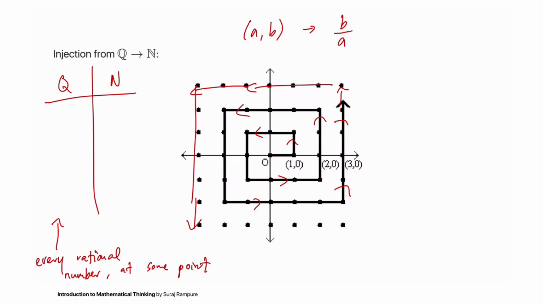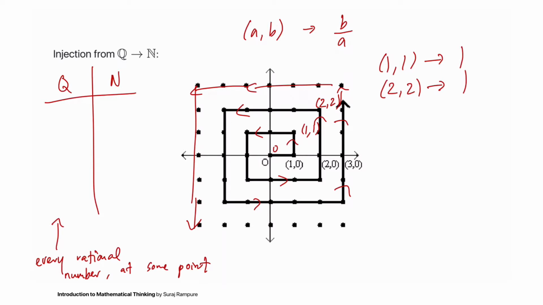Now, what we need to do is account for the fact that rational numbers will appear multiple times in this sort of snake pattern, right? The point 1 comma 1 maps to the number 1, but so does the point 2 comma 2, right? In fact, any point on the line y is equal to x will map to the number 1, except for 0 comma 0, which we will arbitrarily set as being the number 0, okay?